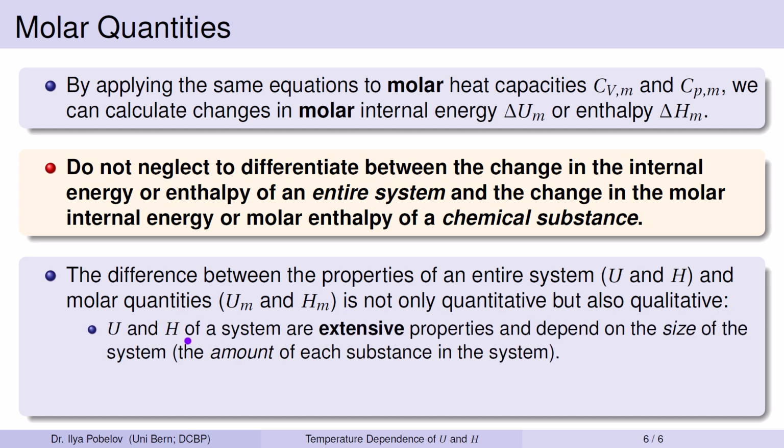The internal energy and enthalpy of a system are extensive properties and depend on the size of the system or, in the case of chemical systems, on the amount of each substance in the system.